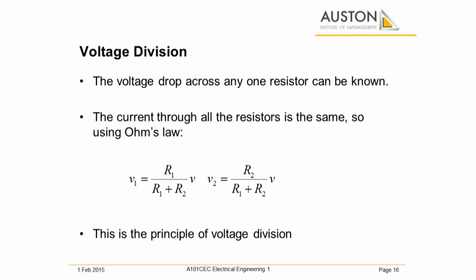Similarly, the voltage across the resistor R2, which is V2, is equal to R2 multiplied by the voltage source V divided by R1 plus R2. This principle is called the voltage division principle.